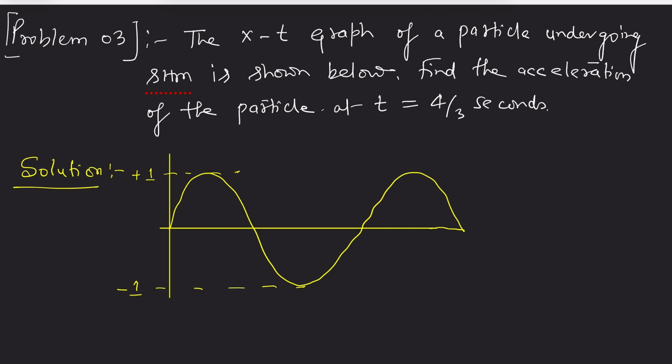If it is given in centimeter, let's take it is in centimeters only. And this is given 4, this is 8, this is 12, in seconds. Now they are asking, this is x, what is the acceleration at t equal to 4 by 3 seconds. It's an easy problem.